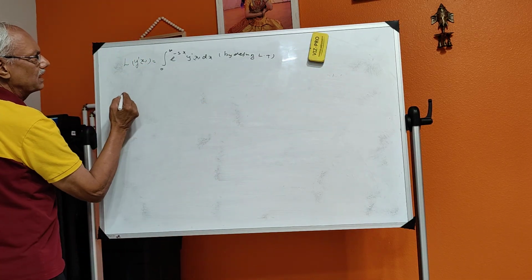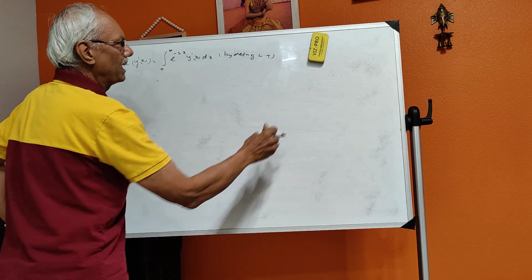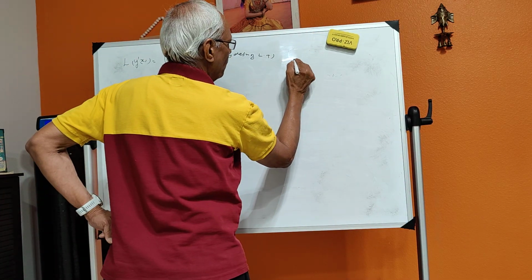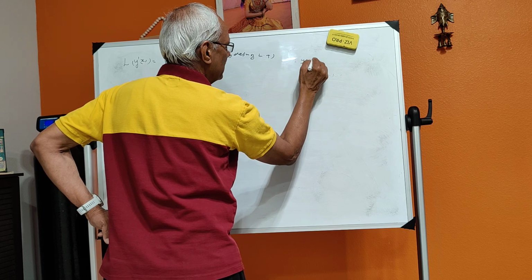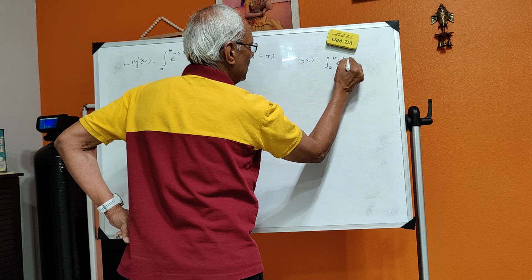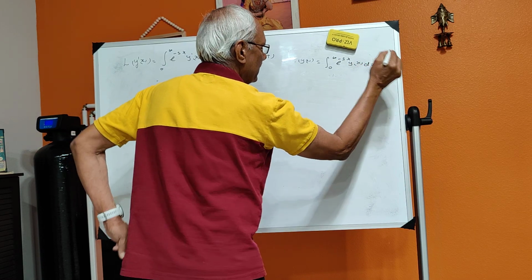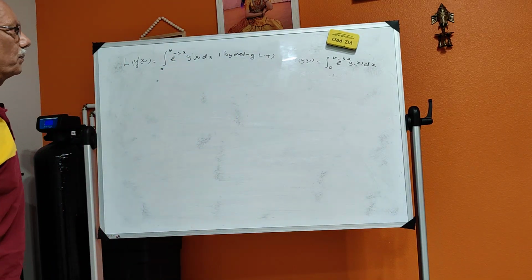L of y of x is equal to the integral from 0 to infinity of e to the power of minus sx into y of x dx. This is the definition of the Laplace transform.